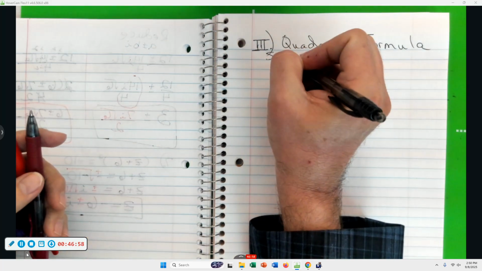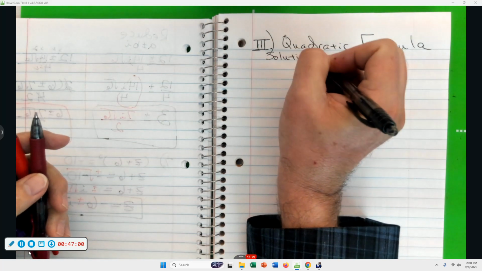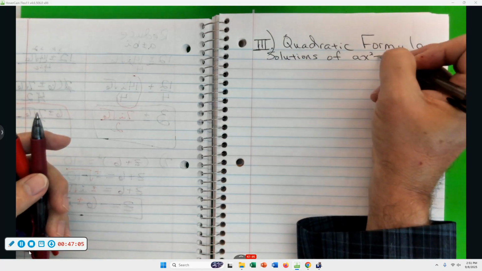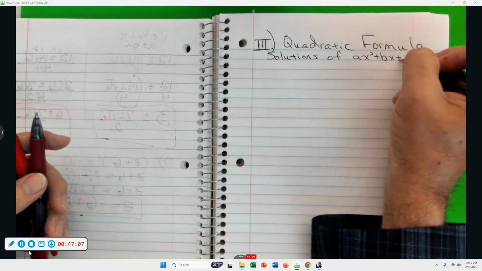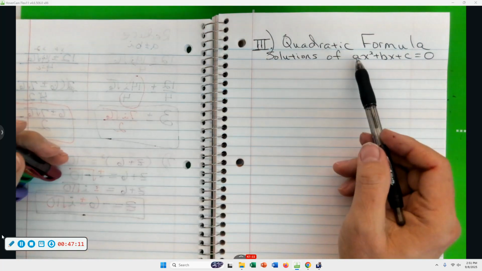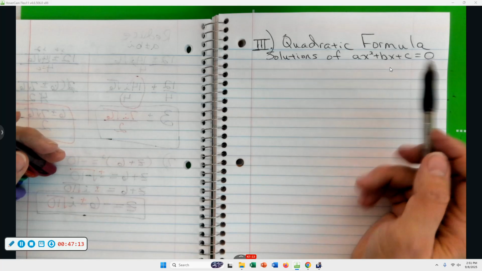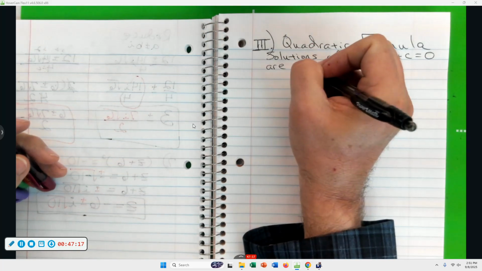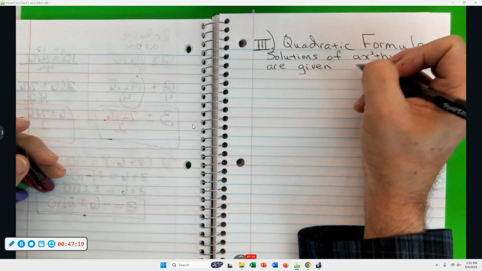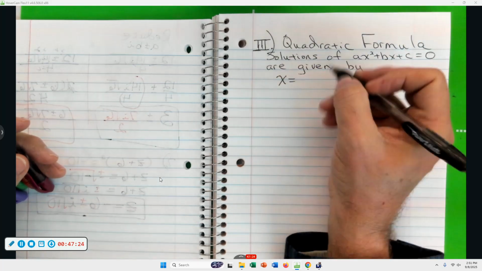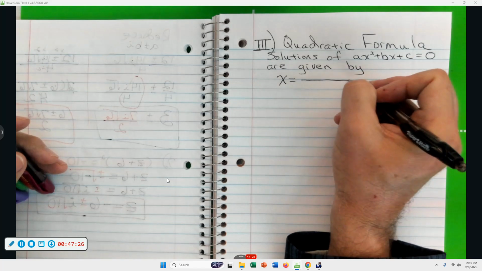Solutions of the quadratic equation ax squared plus bx plus c equal to 0 are given by, here's the formula, x equals a fraction.